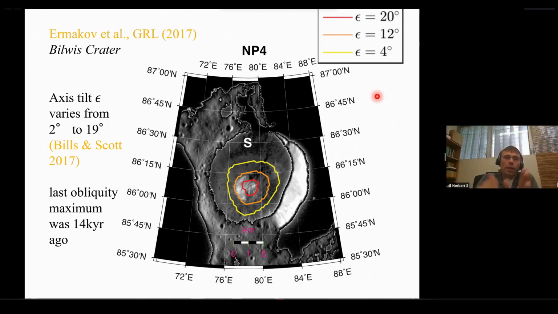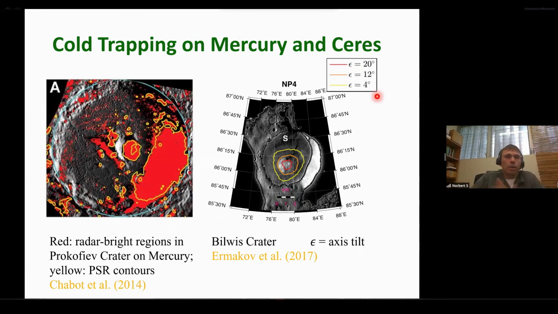Okay, so cold trapping. Oh yeah, I should show this slide here. Cold trapping works on Mercury, as has been worked out fairly well, corresponding to radar bright features and other evidence. And it seems it also works on Ceres.